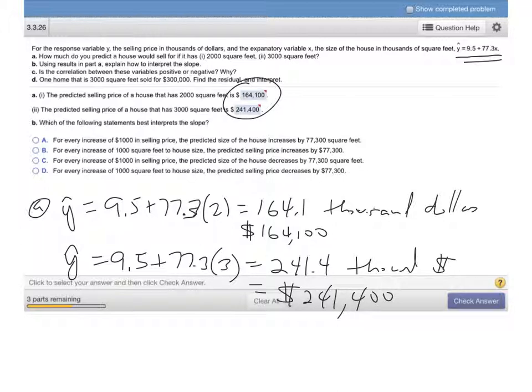Now, the interpretation of slope, remember, is the slope is, of course, here. So it's this number that's in front of the x.